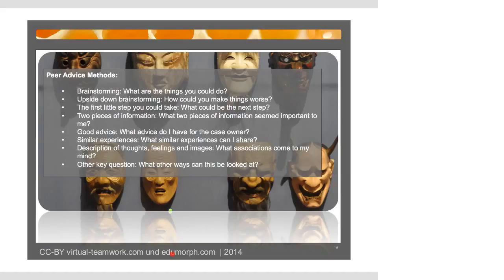Description of thoughts, feelings and images, or other key question, or otherwise can this be looked at. Maureen, have you got a choice for a first method you want to do? Maybe you then have still time. Oh, okay. Yeah, I like to try the upside down brainstorming.